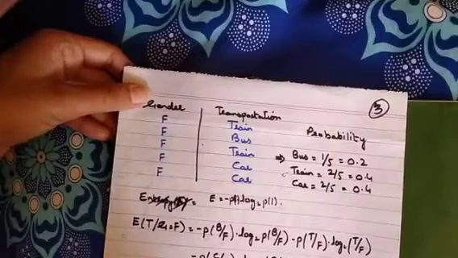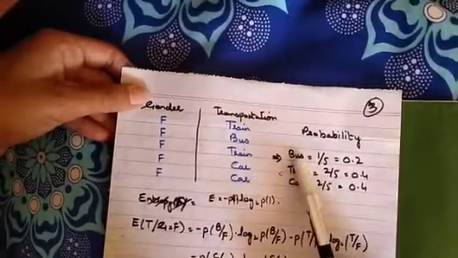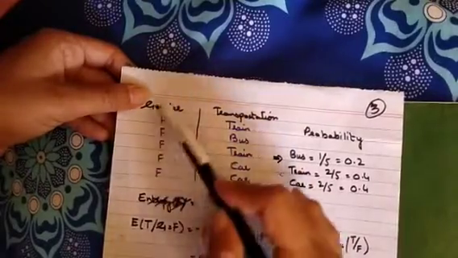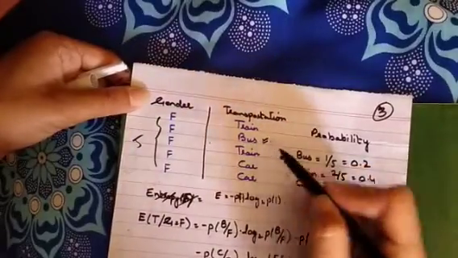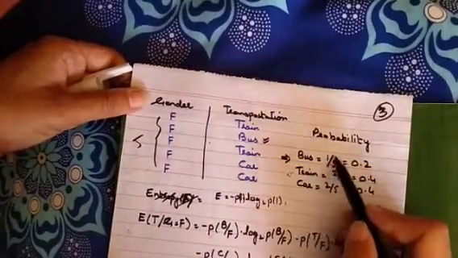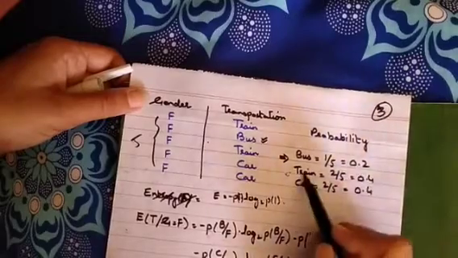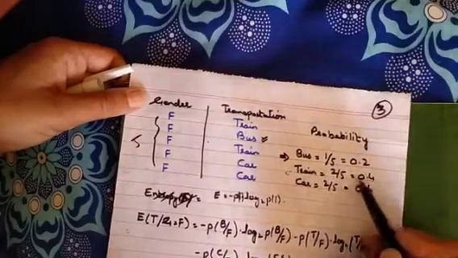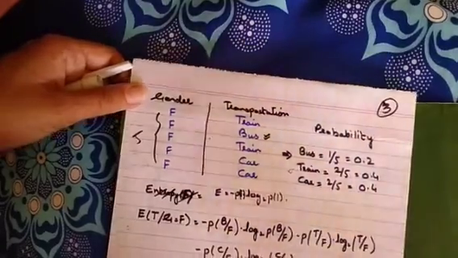The probability for bus: we can see that there is only one instance, और female के total कितने हैं, that is 5. For female it's 5 and there is only one instance of bus, and so that would lead me to the probability of 1 by 5 which is 0.2, and for train we can see it's 2, so 2 by 5 which is 0.4. Same is the case for car, 2 by 5 which leads to 0.4.